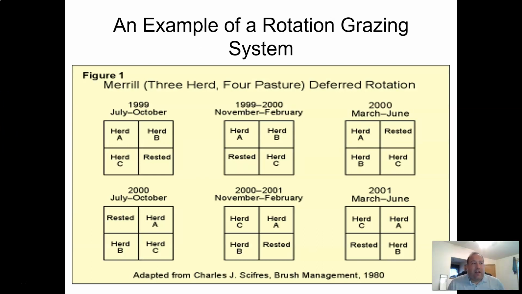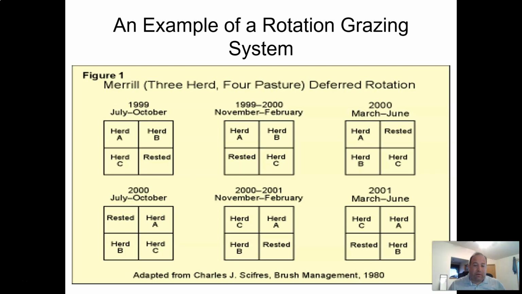So this is called the Merrill deferred rotation, or a 3-herd 4-pasture rotational grazing system. So you can see in 1999, from July to October, you got 3 herds. They're in 3 of the pastures and one of them's being rested. Then when it goes to November of 1999, you can see that the herds get moved around and a different pasture is being rested, and you just follow that same process.